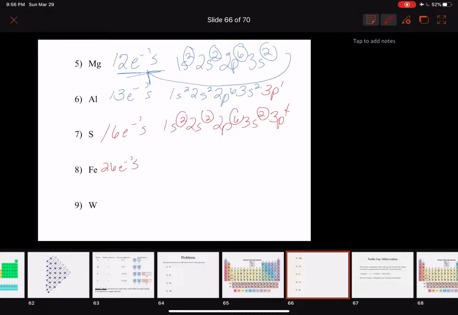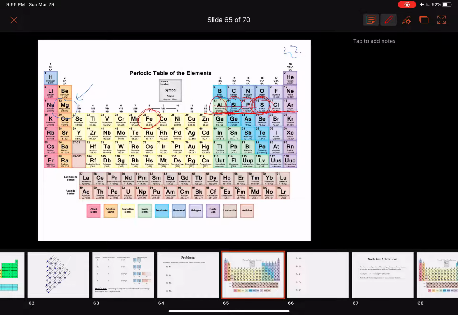Okay, so we're going to have 1s2, 2s2, 2p6, 3s2, 3p6, because we're going all the way here, and then we've got to go back down to here.